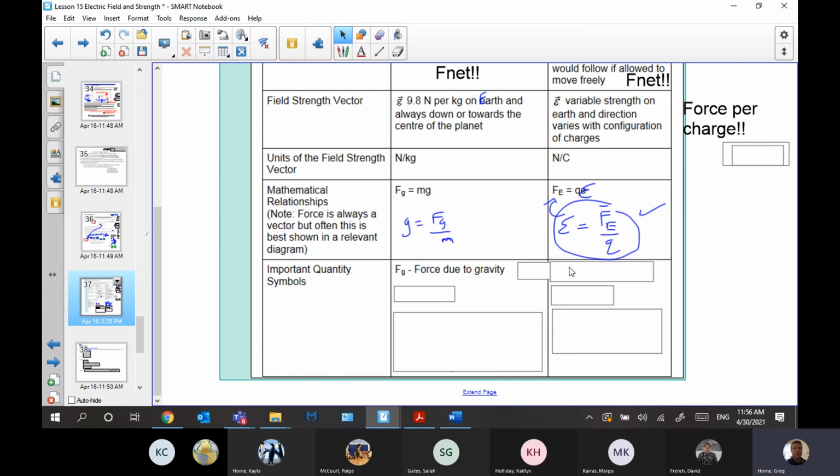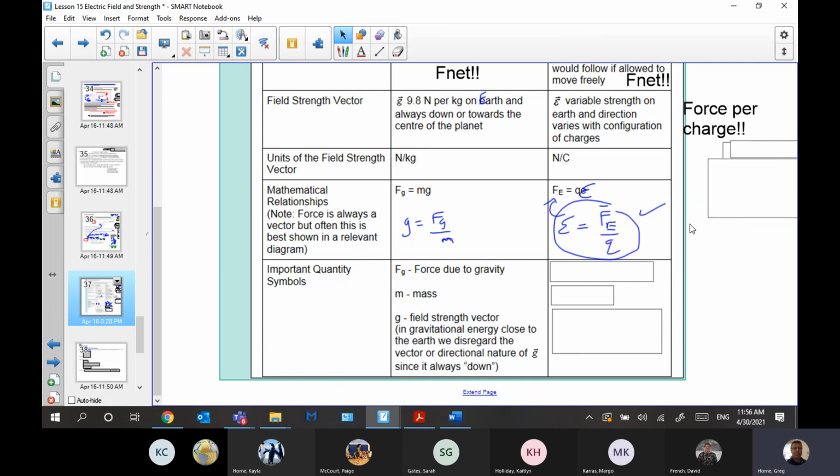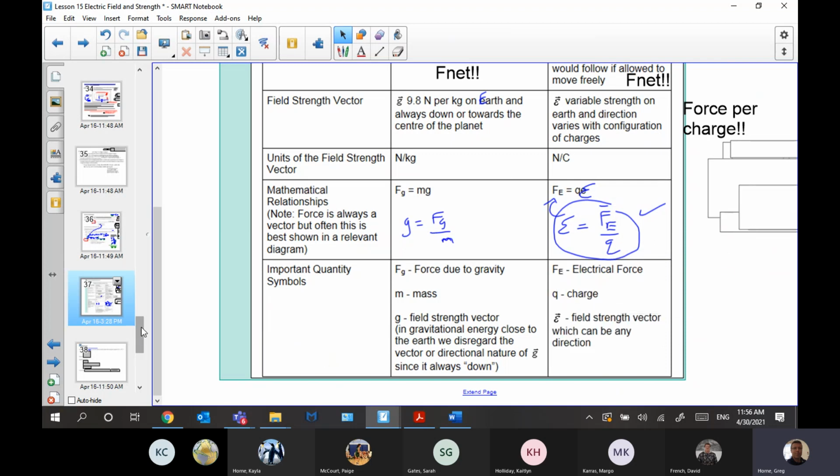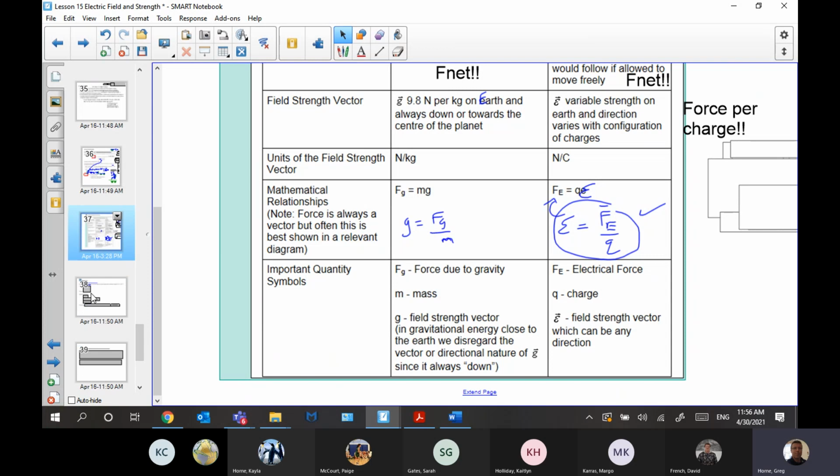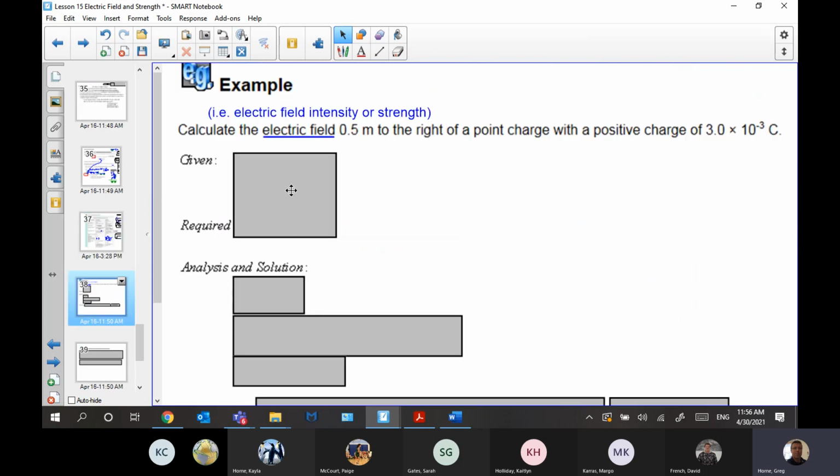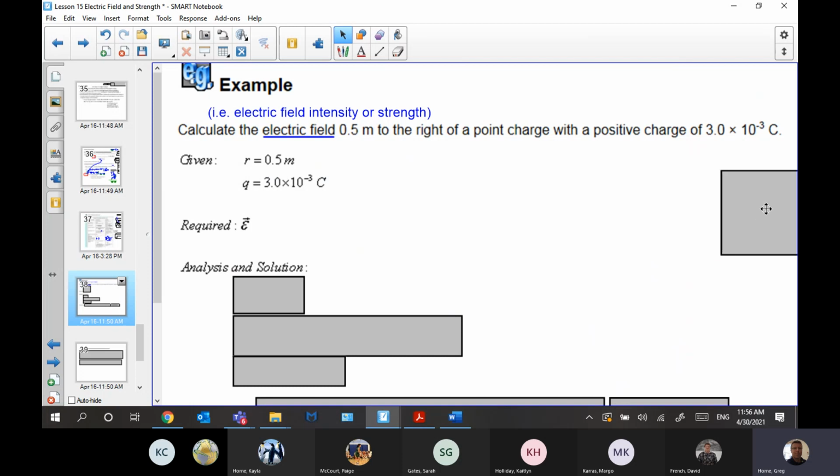Important quantity symbols, of course, you've got force due to gravity, you've got mass, you've got G, and of course in this one you've got electric force, charge, and field strength vectors. Wow. So that's just a summary of things. And this is one of those ones where you just plug in numbers, right? If I give you the distance away from a charge and the size of the charge that's causing things, then you can plug in.